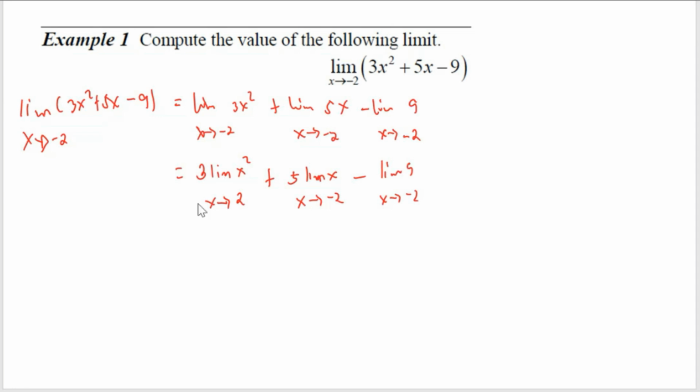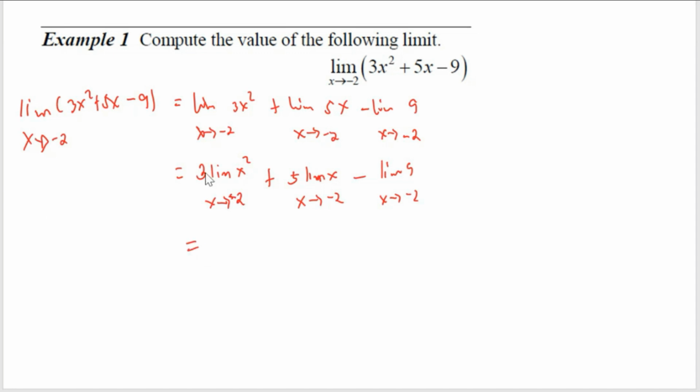Now, what is the answer for this first term, using the properties that I have mentioned? What is the limit of x squared as x approaches -2? The answer there is, I forgot the negative sign here, -2.